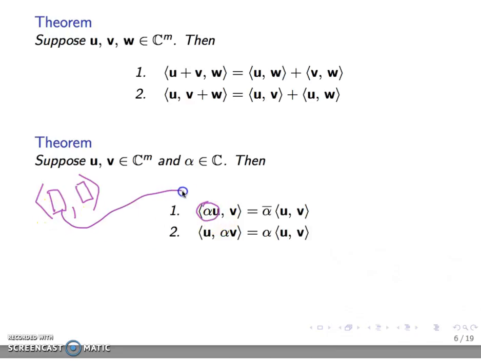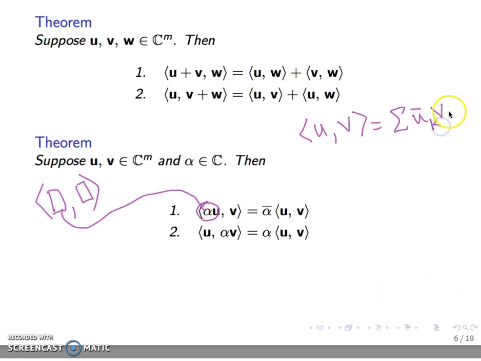In the first property, that happens in the first argument. So we need to be mindful here of the definition. Maybe we recall the definition of, say, the inner product of u and v. This involves a summation, and here we have the conjugate of u and the entry of v.